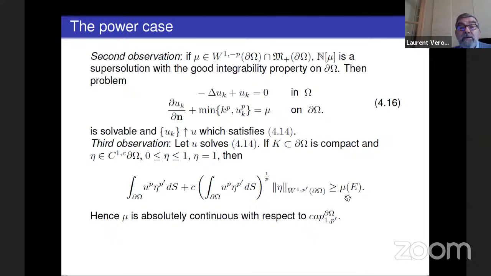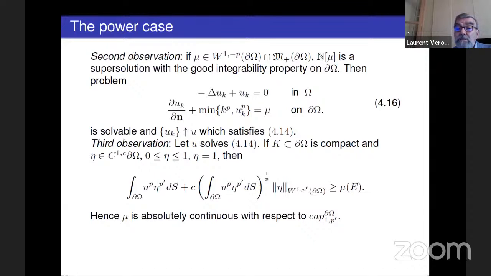So this is bigger than mu(E), because remember that eta is bigger or equal to 1 on E. Now if eta goes to 0 in W^{1,p'}, this goes to 0. And it proves that mu is absolutely continuous with respect to the C_{1,p'} capacity. So this is the observation. So you know that if you have a solution, then the measure must be absolutely continuous.